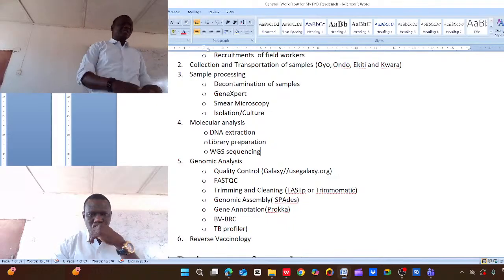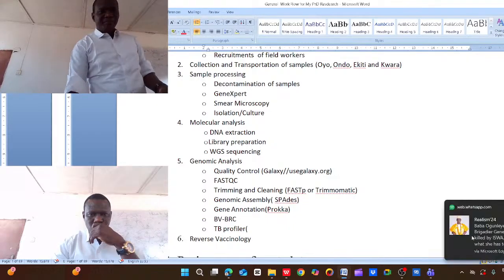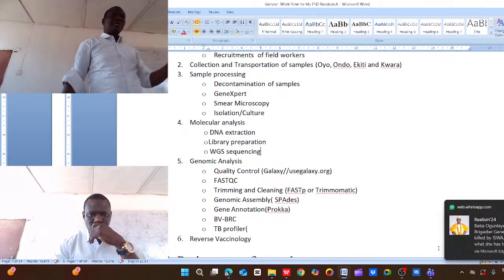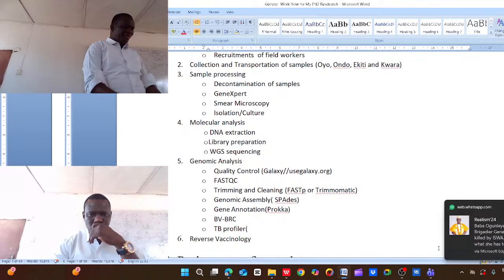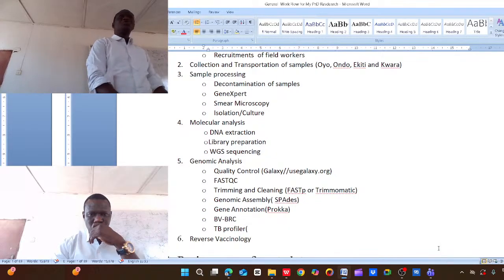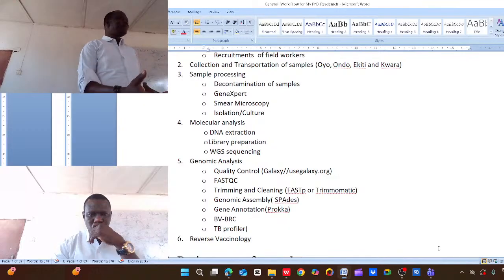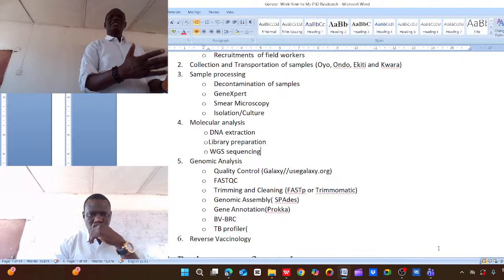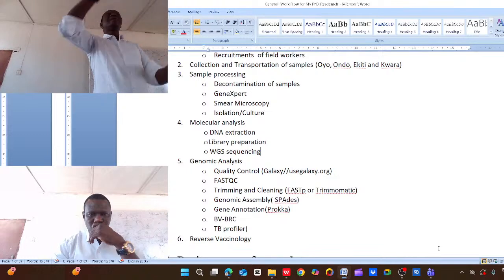In fact, I was even telling those in the lab, gone were those days that you will strain your eye. When you have done your isolation and you want to read your plate, nowadays, just snap the plate, attach it on ChatGPT, and tell ChatGPT to identify it for you.